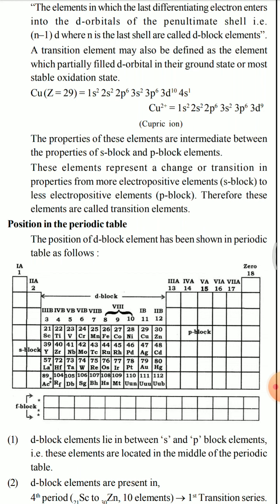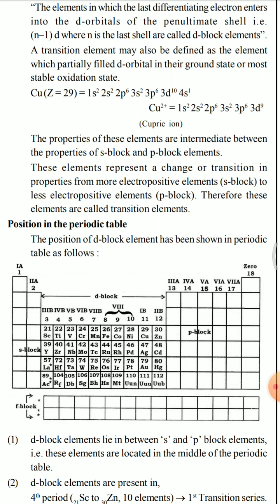So they are called transition elements. The general electronic configuration of D block elements is (n-1)d1 to 10 ns2. So these elements have partially filled D orbitals, but there are some exceptions.